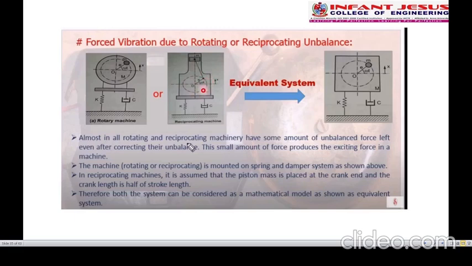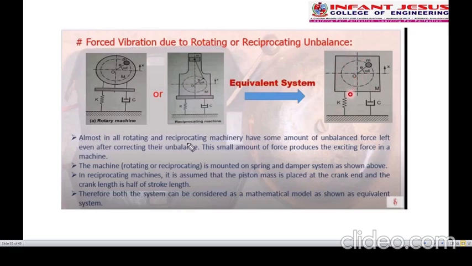When we consider the equivalent system, you can see both the rotary part is the same as shown in this equivalent system. Instead of this rotary and reciprocating system, we have considered a mathematical model, that is an equivalent system, for our solution.